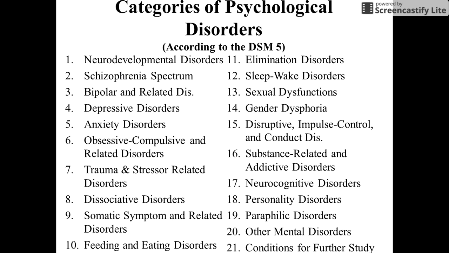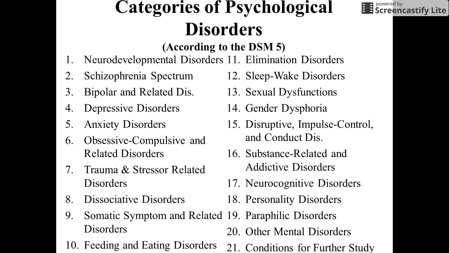We'll talk about feeding and eating disorders, which we've talked a little bit about in class already. Then the elimination disorders, and sleep and wake disorders. 13 is sexual dysfunction disorders, and 14 is gender dysphoria. 15 is disruptive, impulse control and conduct disorders. 16 talks about addictive and substance-related disorders. 17 is neurocognitive disorders, which more looks at memory disorders.